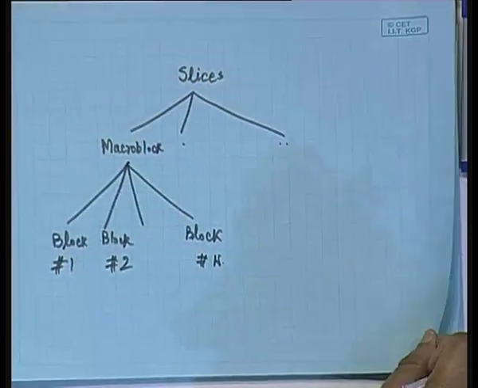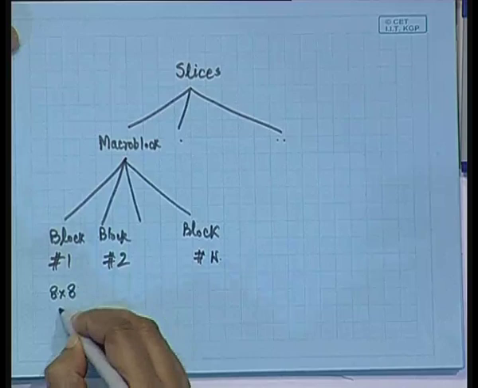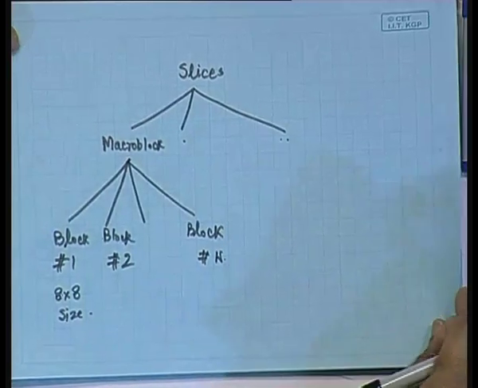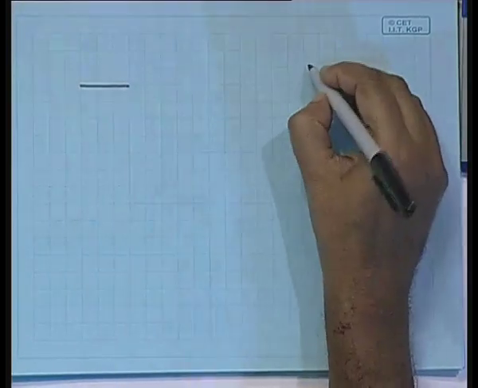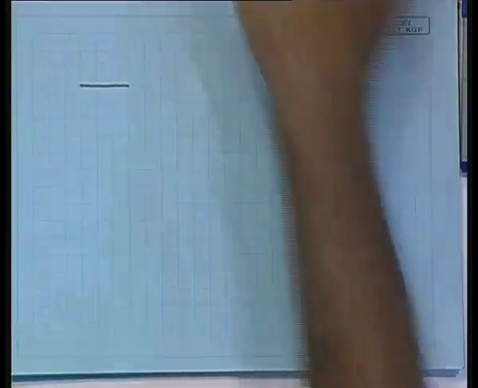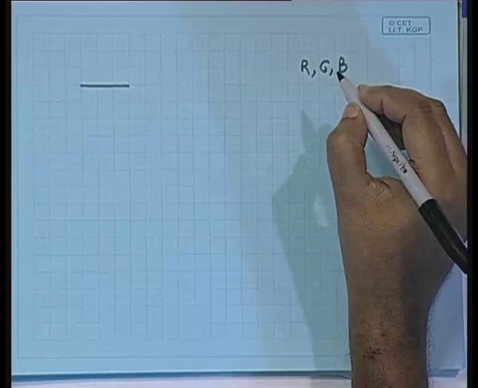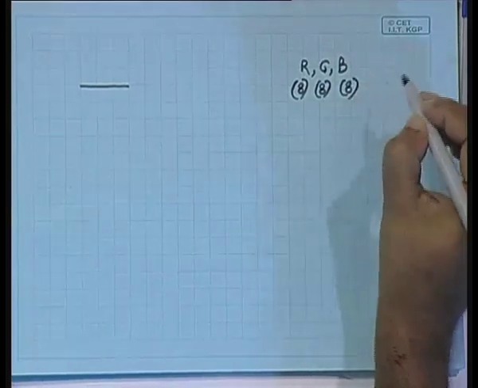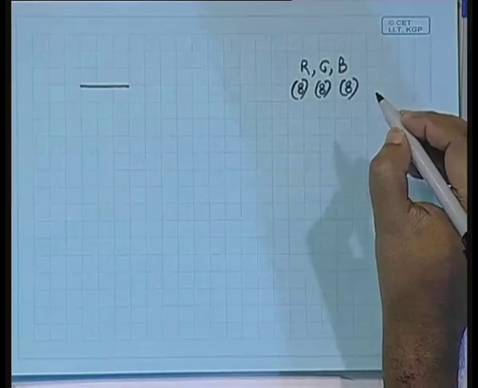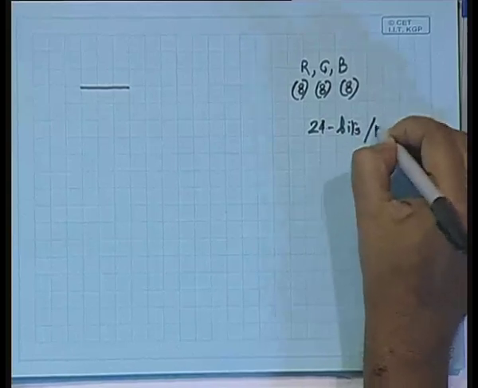Let us take every block to be 8 by 8 in size. Whenever we have a colored image, the color image can be represented in two formats. One format is RGB. In RGB, we allocate 8 bits to each color plane: 8 bits for R, 8 bits for G, 8 bits for B, giving 24 bits per pixel.